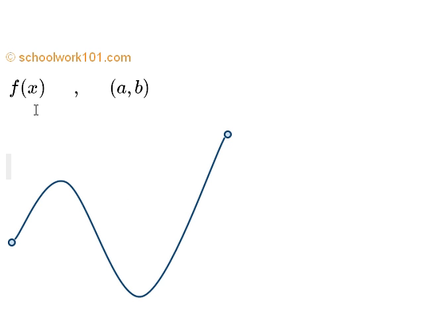So here's our function f of x right here, which we're just looking at the graph. Now, the relative extrema would be, for example, this would be a relative extrema here. This would be a maximum, and this would be a minimum down here.